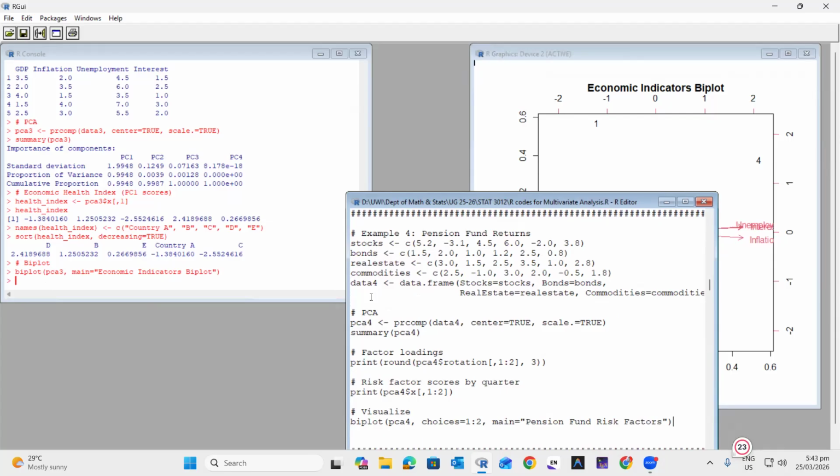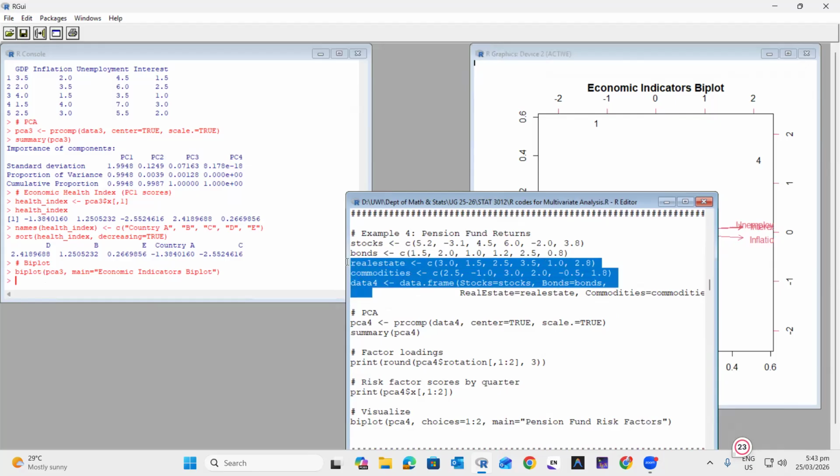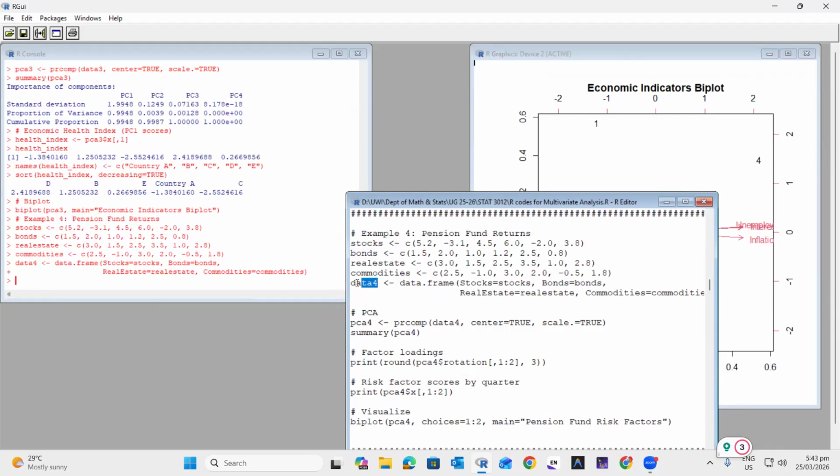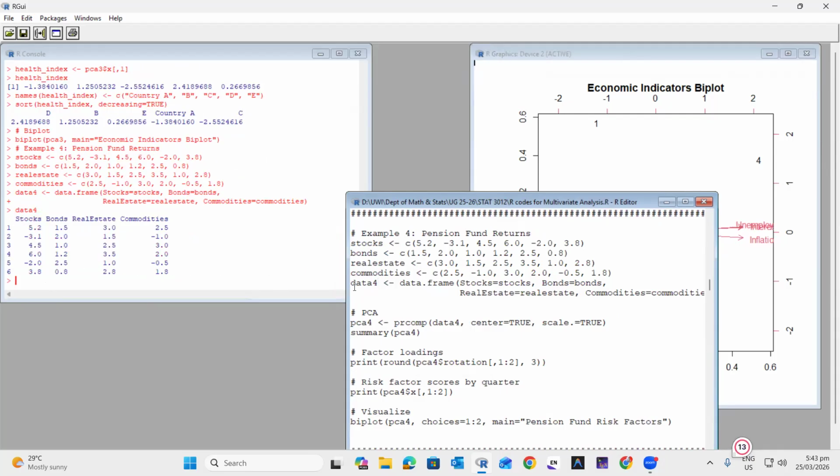Okay, I already explained to you in the previous lecture why we are storing them in the data frame, why we are not storing them as a matrix. Okay, so we are going to run this one again, and data frame data 4 will be like this.